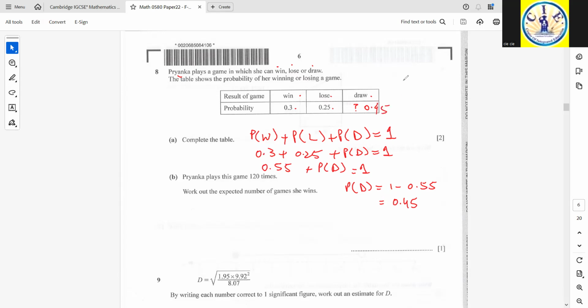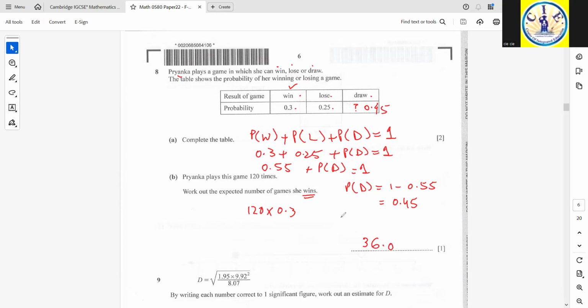Okay, Priyanka plays this game 120 times. Work out the expected number of games she wins. So the answer is going to be 120 times the probability of winning, which is 0.3. 12 times 3 is 36, and then 0 for this.